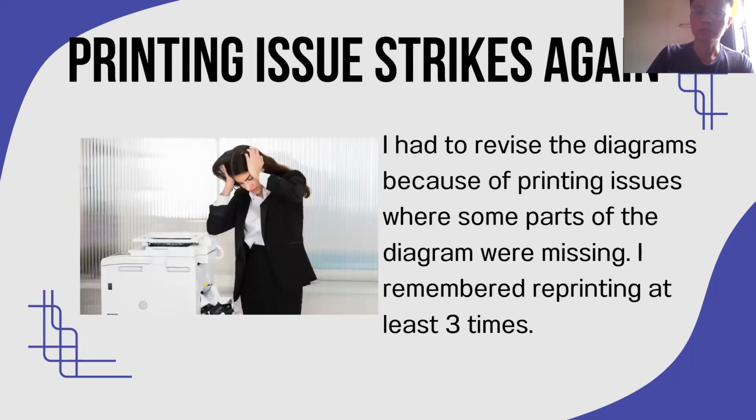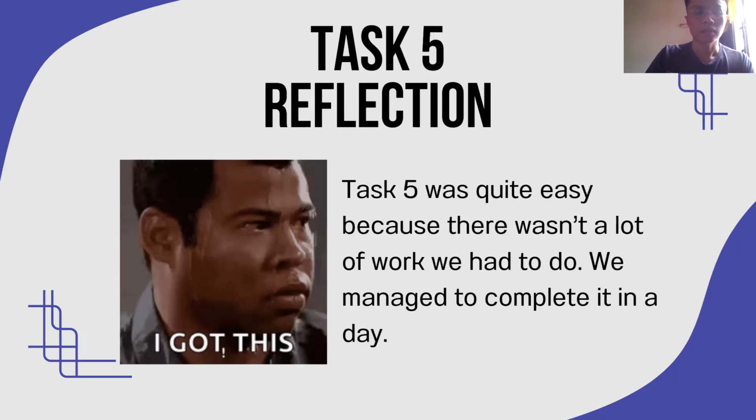And the printing issue strikes again in this task because, as I explained just now, some parts of the diagram were missing. I remember reprinting at least three times. Task 5 was quite easy. There wasn't a lot we had to do, and we managed to complete it in a day.